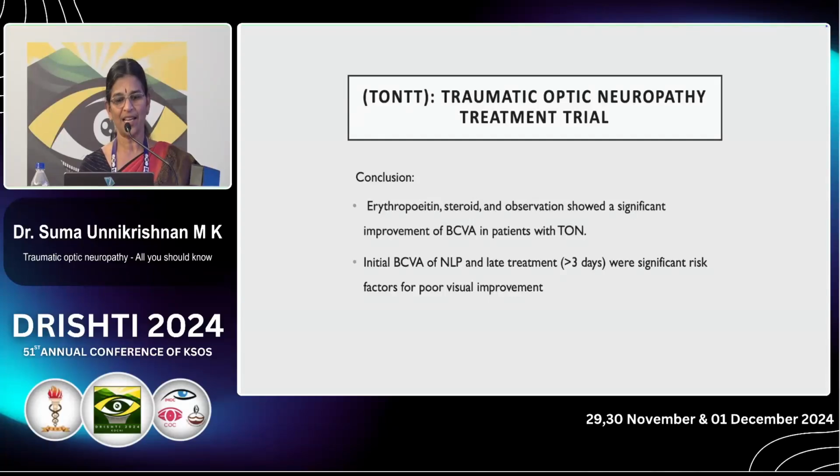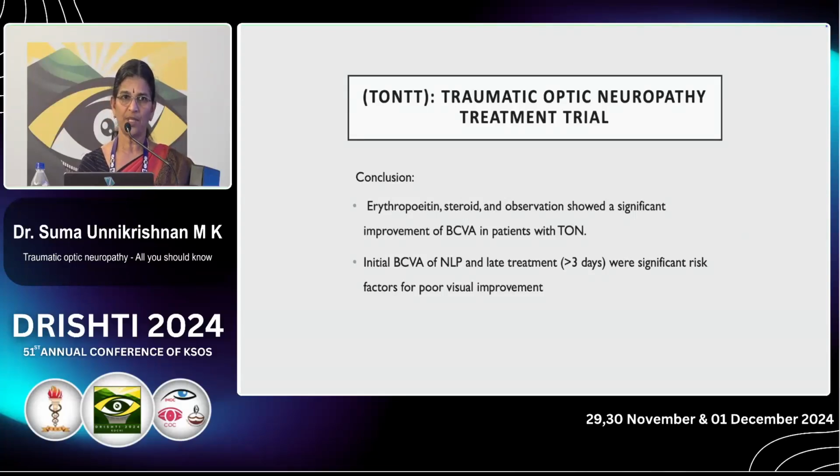And the latest trial is the Traumatic Optic Neuropathy Treatment Trial. This was started in 2011 with phase 1, then in 2014 phase 2, and in 2018 they started treatment trial 3, and it is still continuing.